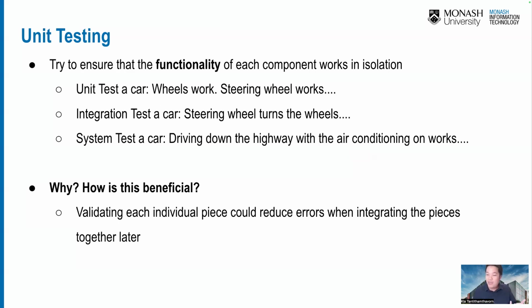When we talk about unit testing, it means that we want to check whether the wheels work correctly or not, and the steering wheel also works correctly or not. But it doesn't mean that the steering wheel can control the wheels, okay? To test whether the steering wheel can control the wheels or not, that's the integration test for the car.